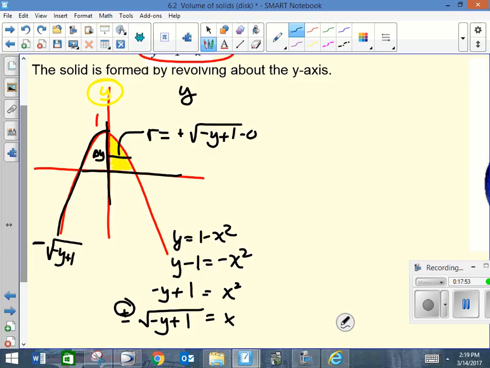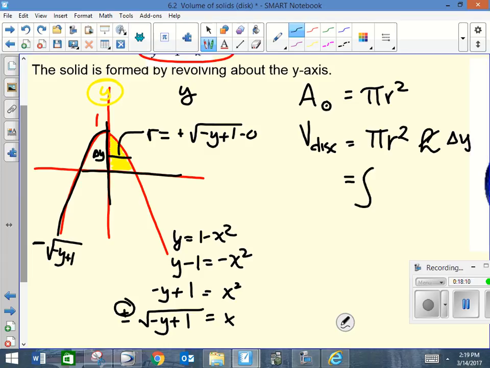So we're going to start with the area of a circle, pi r squared, then we're going to go to a volume of a disk: pi r squared h, where h is change in y. I'm ready for my integral. Pi r, we already did r. Square root of negative y plus 1, squared, dy.